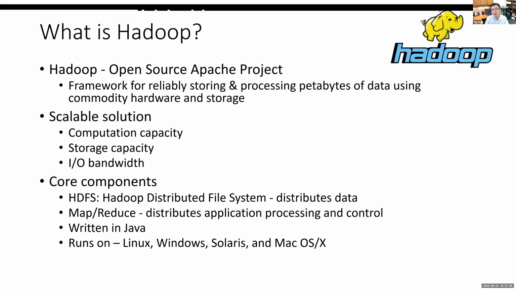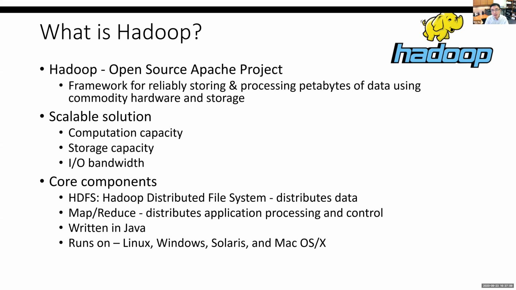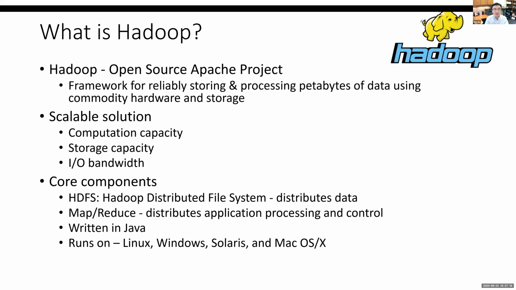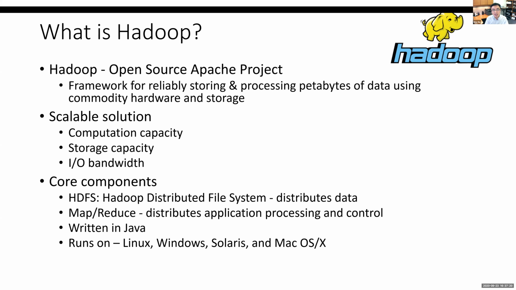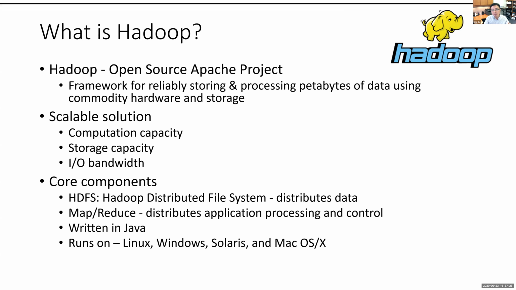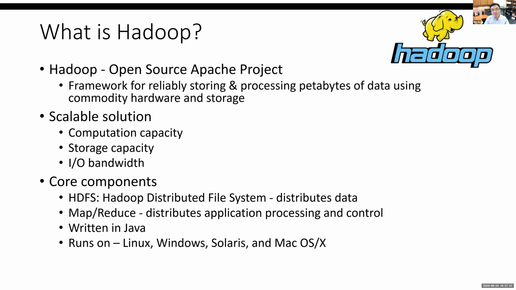But because of the limitations of the hardware, we have to use specialized algorithms and methods. So it's a scalable solution. It varies in terms of computing capacity, storage capacity, and input-output bandwidth. Which means you can use Hadoop to run a fairly small project, but you can also use it to easily manage a relatively big project. Like Amazon is also using this one.